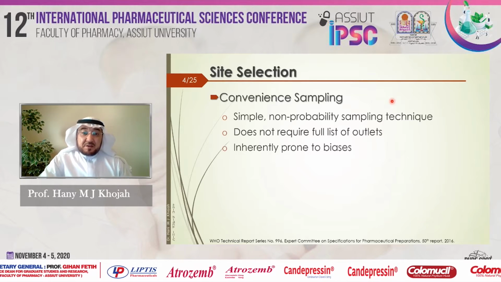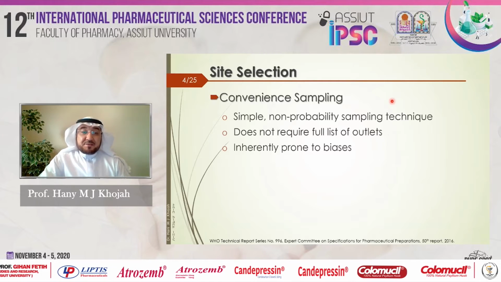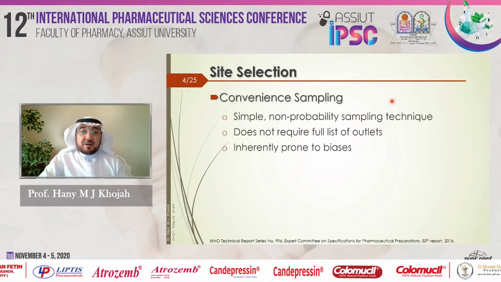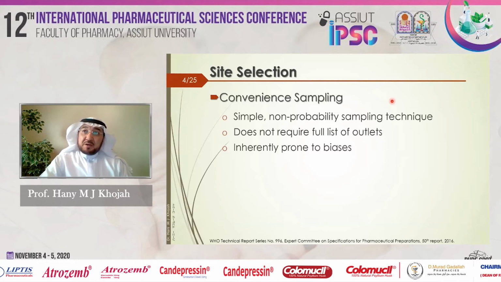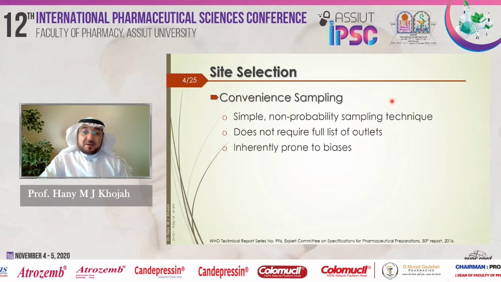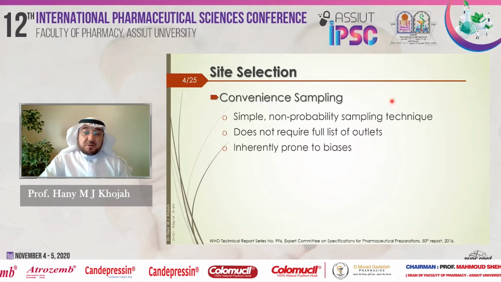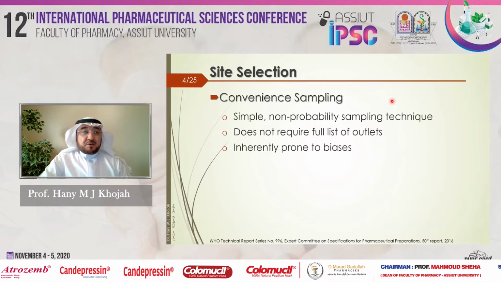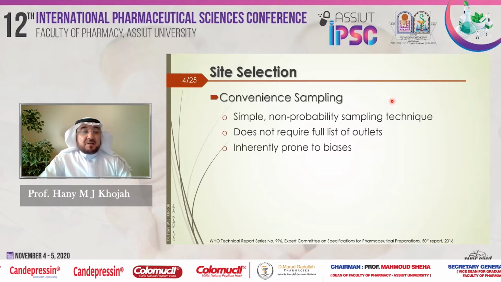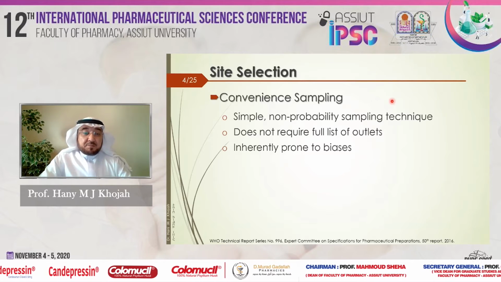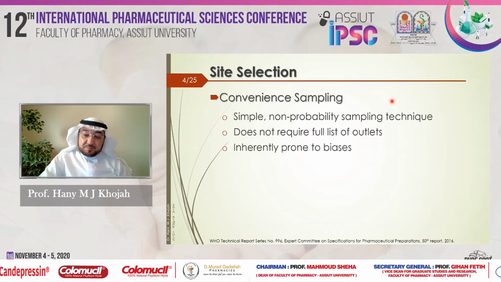We just start randomly in any street, in any district, and we just go at pharmacy or drug selling outlet. So it is prone to bias, this method, because we are just focusing on one area. This area may be the source of the problem, or it's maybe free of the problem, so we don't know.